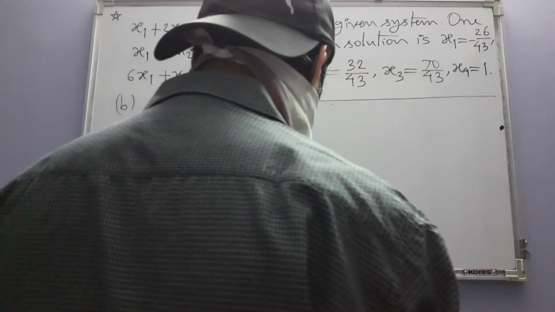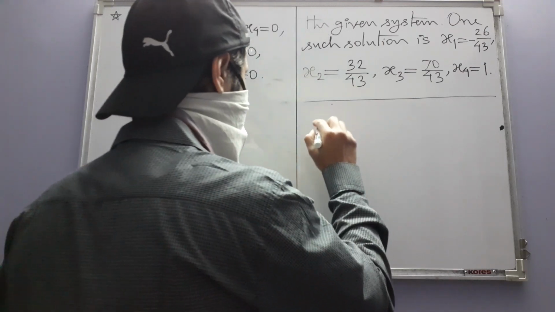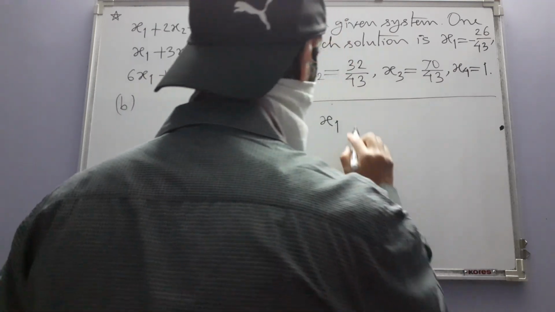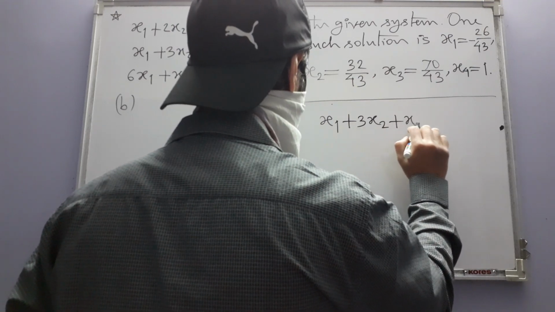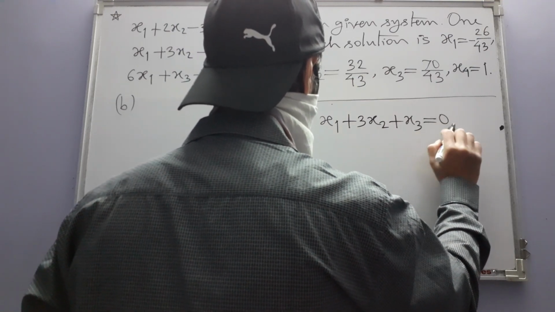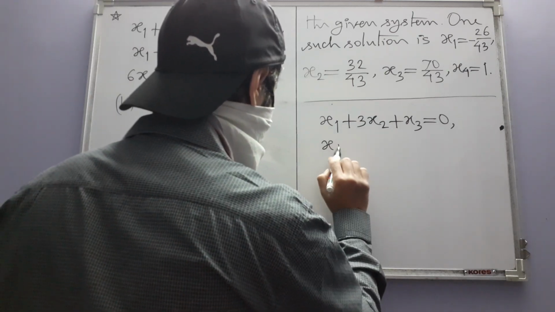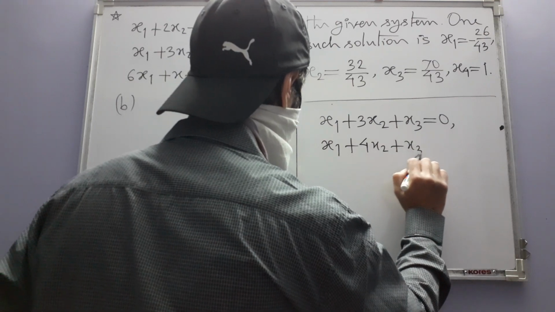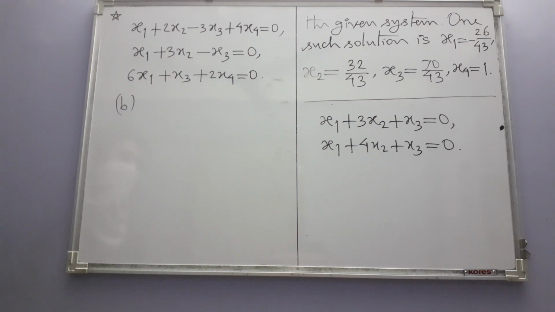The equations for part B are, there are only two equations: x1 plus 3x2 plus x3 is equal to 0. This is one equation, and x1 plus 4x2 plus x3 equal to 0. This is the other equation.